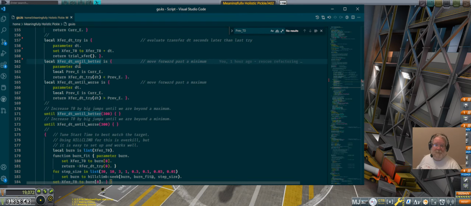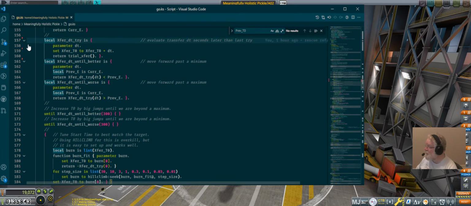Despite all of the refactoring I did earlier, I am on the point of going and refactoring the heck out of this, and it's not worth it, so we are going to close it back up. But the coding here is simple. It says increment dt, decide whether it's better or not, decide whether we're going to stop or not.